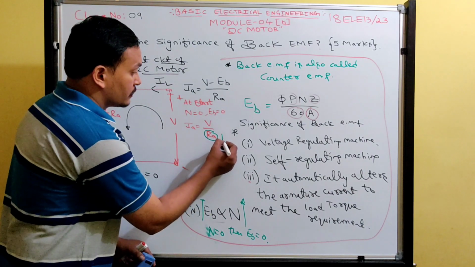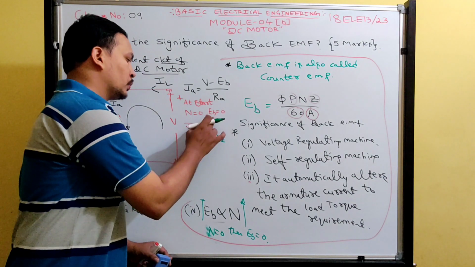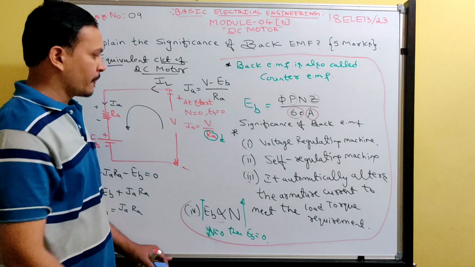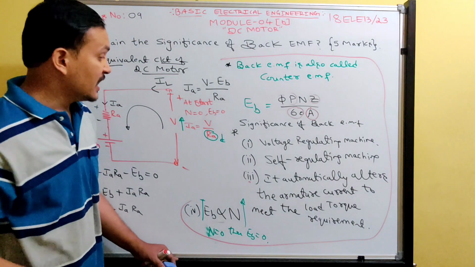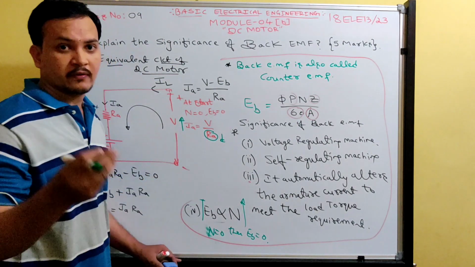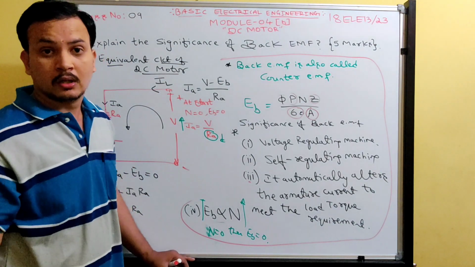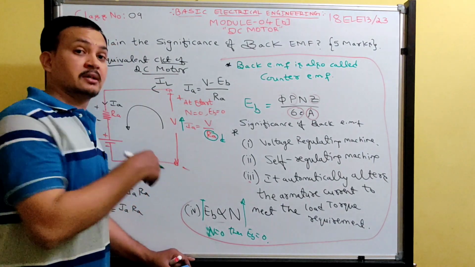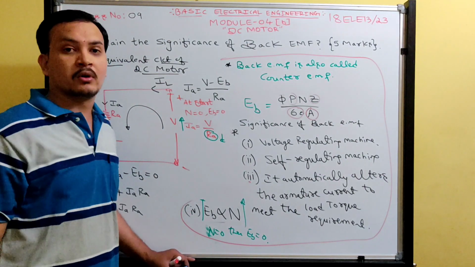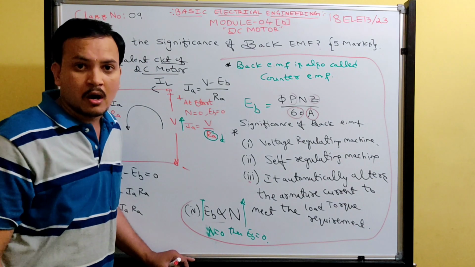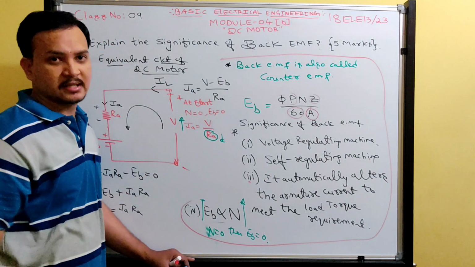So there will be a constant supply voltage of around 220 volts, and 220 volts across this resistance gives a very high current. If I pass this current even for a fraction of a second, your armature conductors will be burnt because of excess current. This current will be 10 to 15 times more than the rated current of the armature windings. Got it? So we should not pass this excess current.